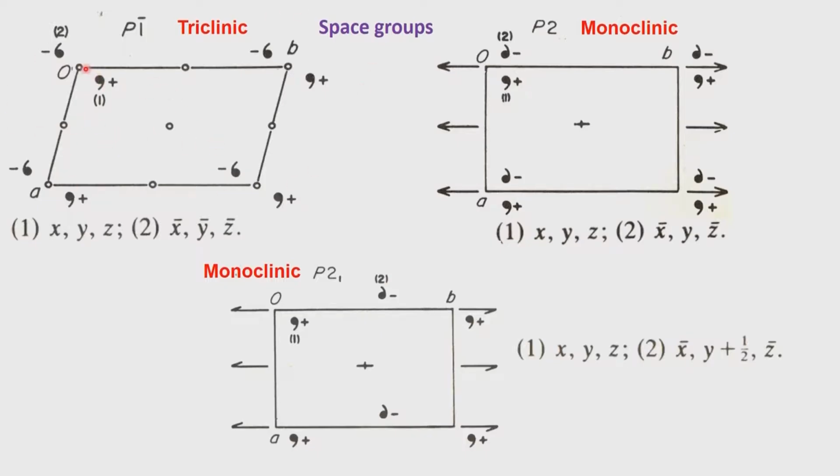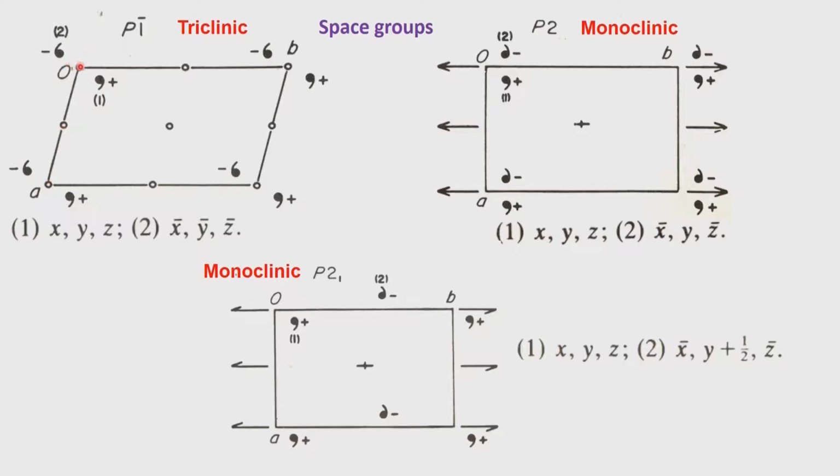When once it is at 0, 0, 0, that is our definition of 0, 0, 0. So, once we have defined the origin, the location of the symmetry is fixed. So, the location of the symmetry is fixed at 0, 0, 0. It will of course repeat after one translation along A because of the periodicity that is required in a crystal.